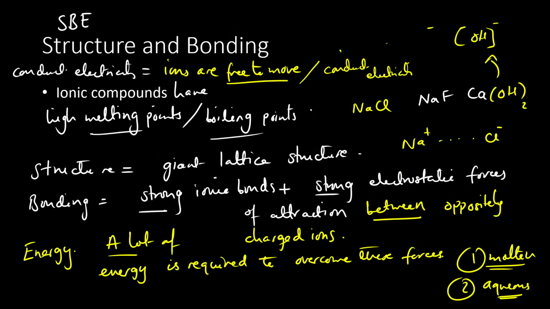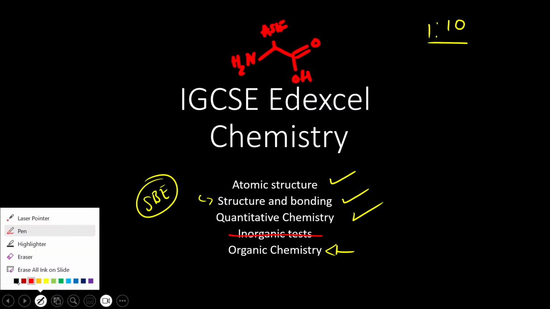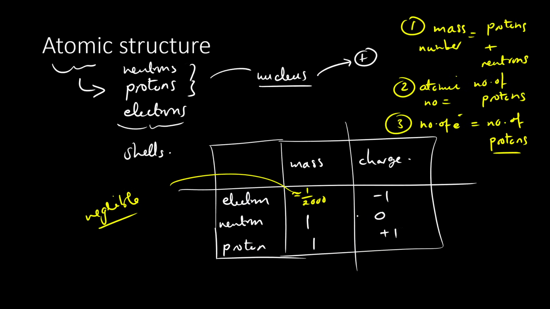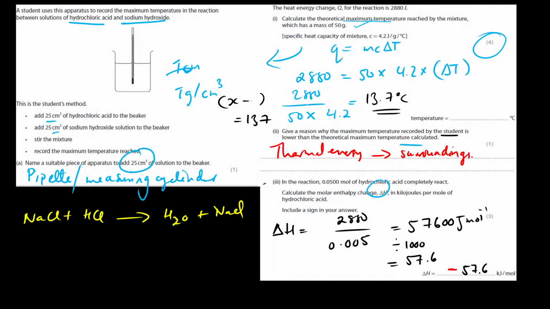Now, the next segment I want to focus on, because I am running out of time, I have to cross this one out, is organic chemistry. So I suppose you can learn a few things if you haven't done organic chemistry. Can anyone tell me what two elements basically make up organic chemistry?